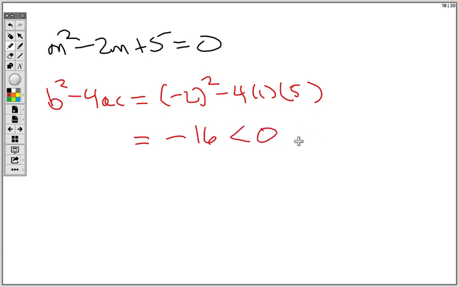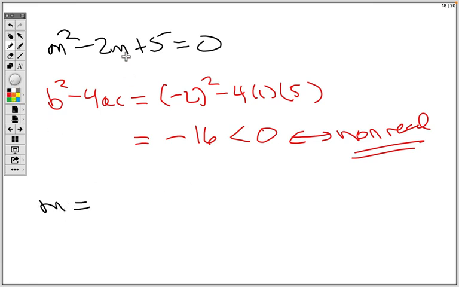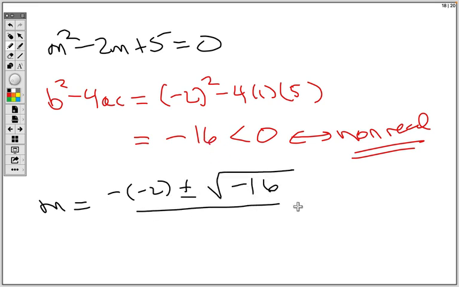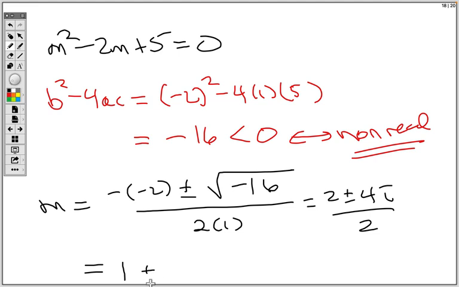The fact that the discriminant's less than 0 is telling me we're going to get non-real solutions. So m would be the opposite of b, plus or minus the square root of minus 16, over 2a. That's 2 plus or minus, the negative flies out, square root of 16 is 4, over 2. So it's going to be 1 plus or minus 2i.